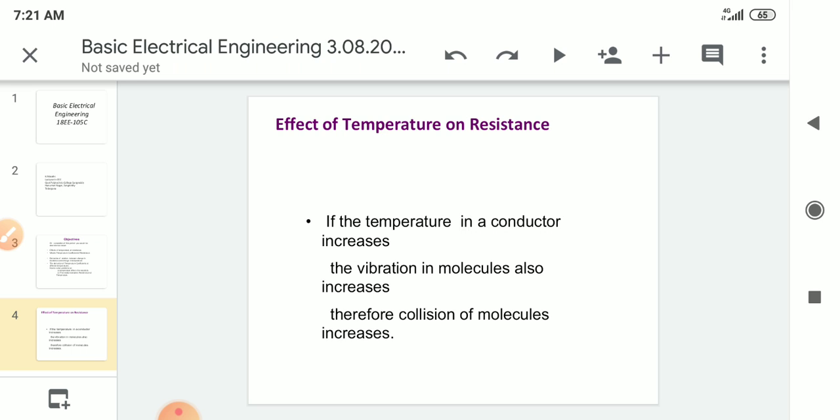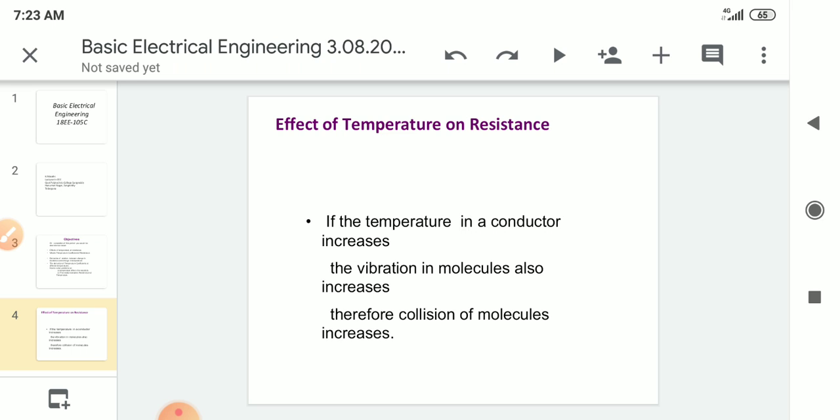So they have a positive temperature coefficient of resistance. Next model: the resistance of insulators decreases with the increase in temperature. Here this material has a negative temperature coefficient.